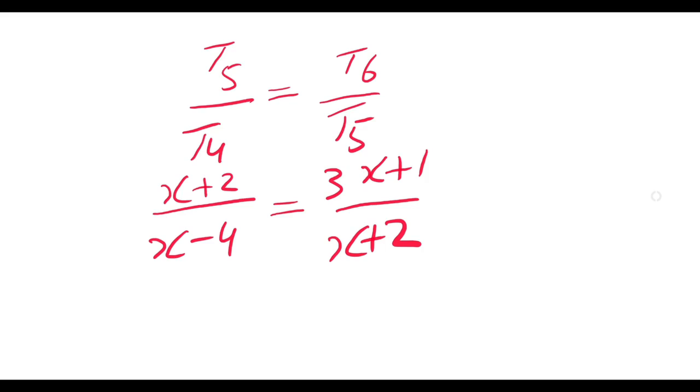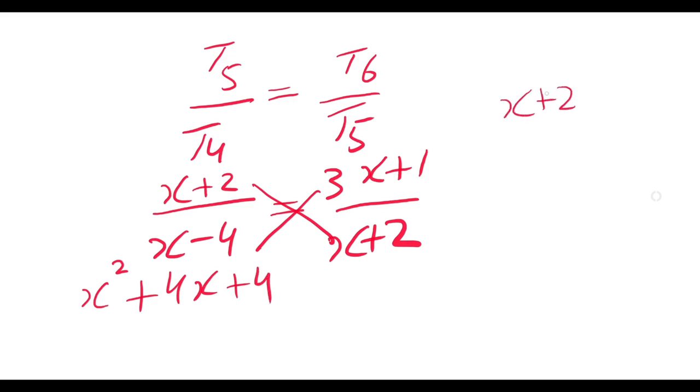Now we're going to cross multiply: x + 2 multiplied by x + 2. So the answer will be x² + 4x + 4. I can open the perfect square formula because x + 2 multiplied by x + 2 will be (x + 2)².